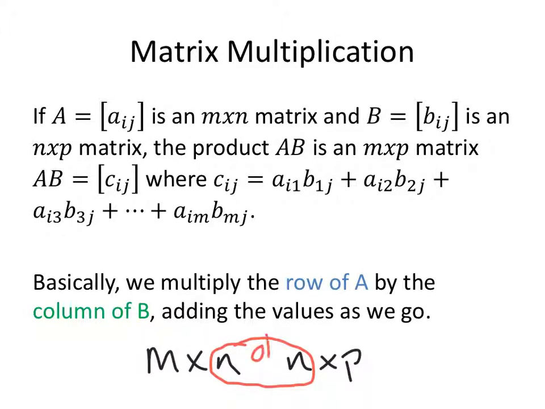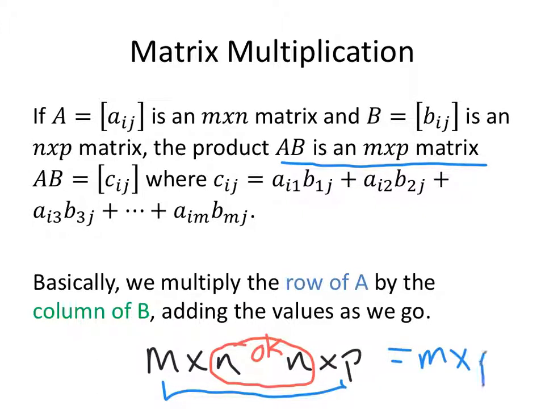This tells us it's okay to multiply. And our product, AB, is an M by P matrix. So our result in multiplication will be the number of rows from A and the number of columns from B. So writing down the dimensions helps us to see, is it okay to multiply? And what is the size of my resulting matrix?